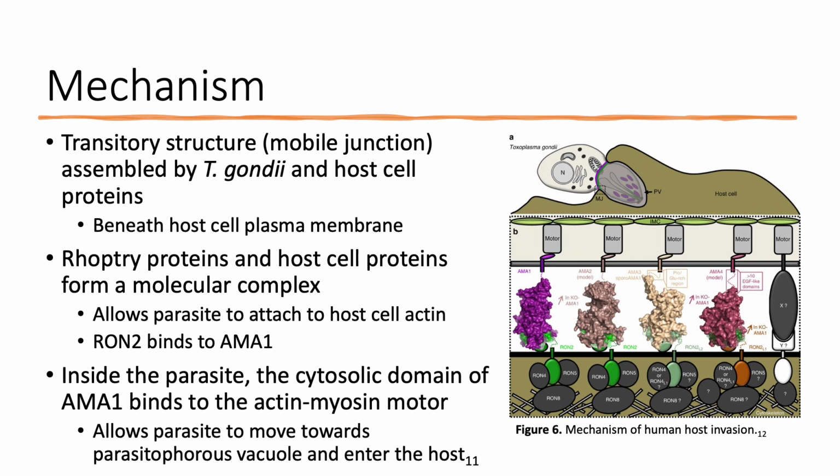The rhoptry proteins RON2, those are on the host cell cytoplasm. They bind to AMA1, which is secreted by micronemes, an organelle in Toxoplasma gondii. And once inside the parasite, the cytosolic domain of AMA1 will actually bind to the actin myosin motor, which will then allow the parasite to move towards the parasitophorous vacuole and continue to enter the host.